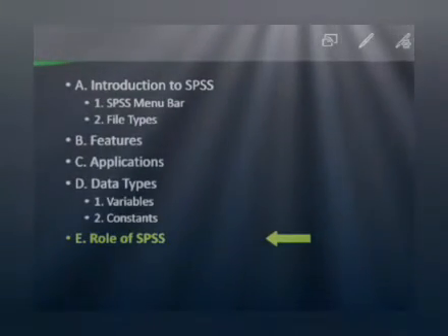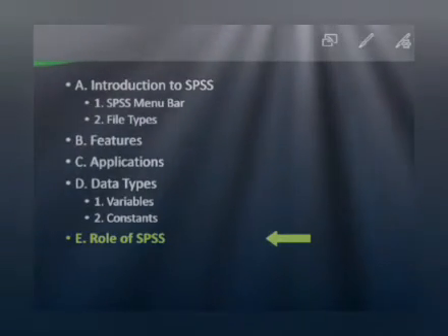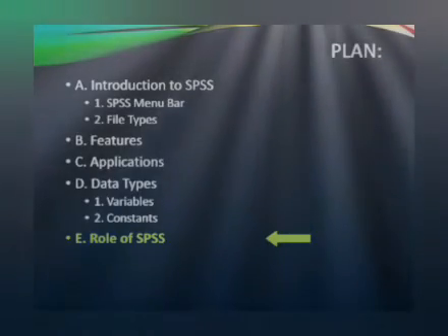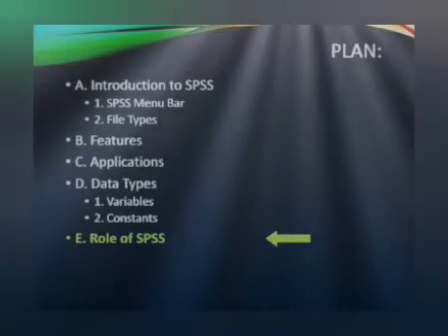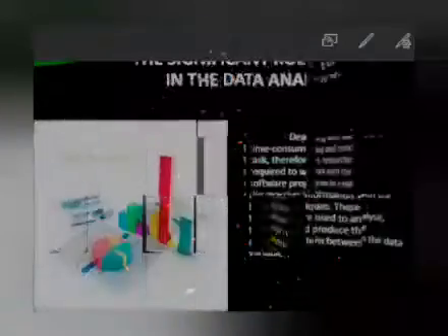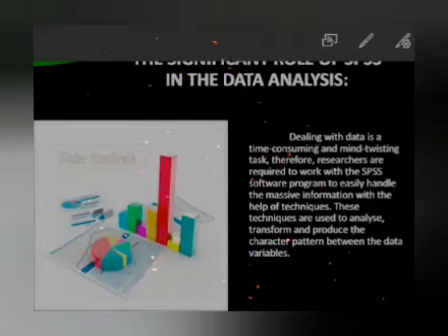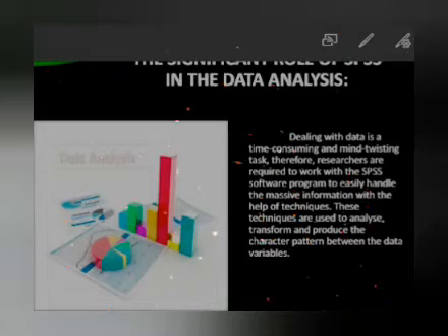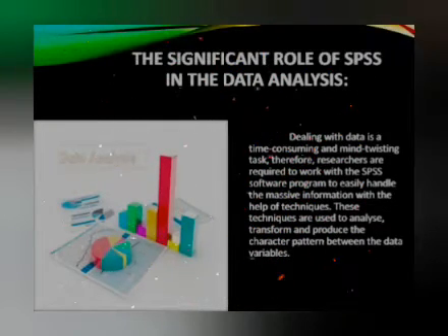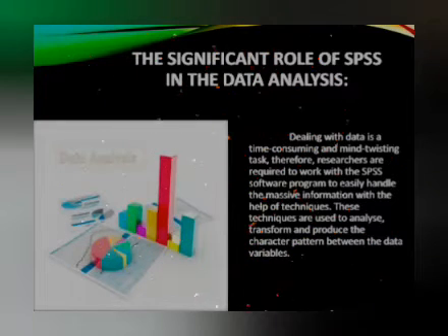Next we go to the role of SPSS. The software is mainly used by researchers to simplify the critical data analysis process. Dealing with data is a time-consuming and mind-twisting task.